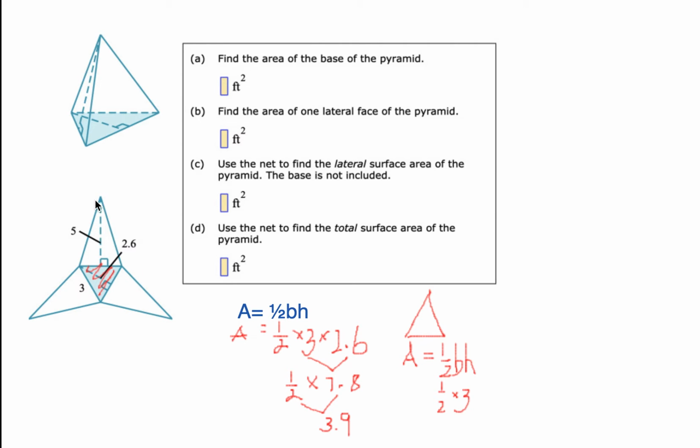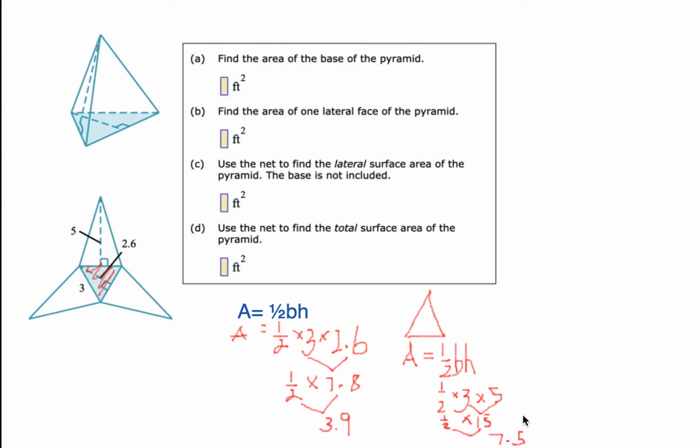By the dashed line, I see that the height is 5. There we go. So now I am going to multiply this. 3 times 5 is 15. Oop, I'm running out of room. I'm going to take half of 15. Eep, it's kind of small, but that's half of 15. And that's going to be 7.5.